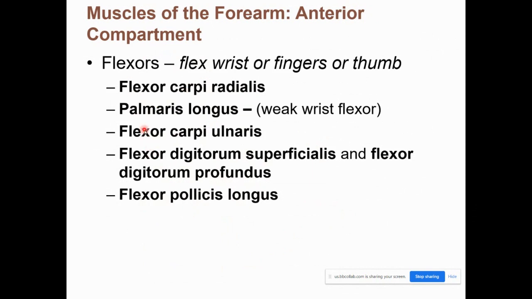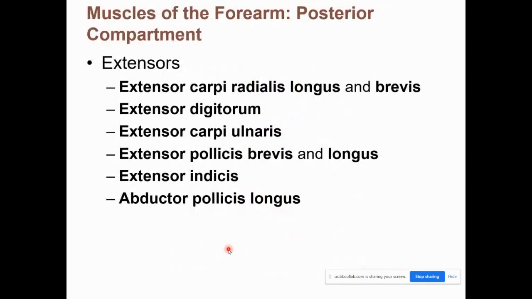Palmaris longus we can't do that with. Flexor carpi flexes the wrist, flexor digitorum flexes the fingers, flexor pollicis flexes the thumb. So we're good there. Same with these. Extend the wrist, extend the fingers, extend the wrist, extend the thumb, extend the index finger. Probably won't get that one because it's not on our lab list. And abducts the thumb, because pollex is our regional term for thumb, so pollicis has to do with the thumb.